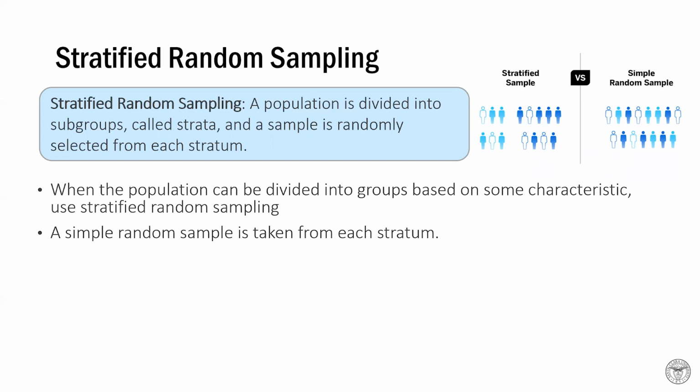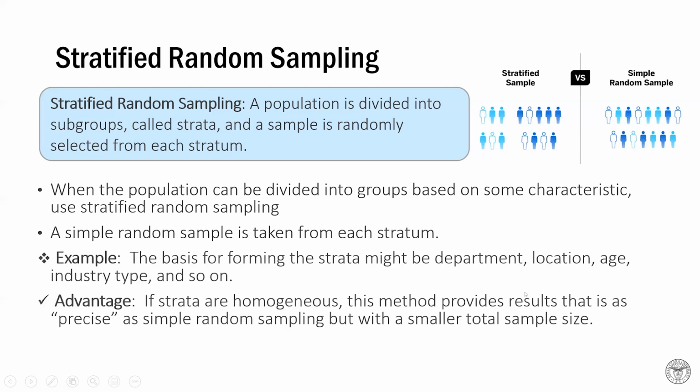The process of classifying the population into groups is called stratification. The basis for forming the strata can be department, location, age, industry type, and so on.